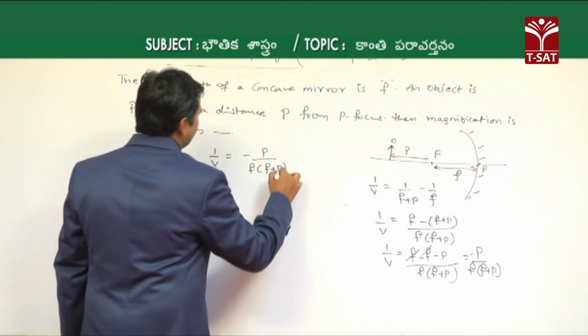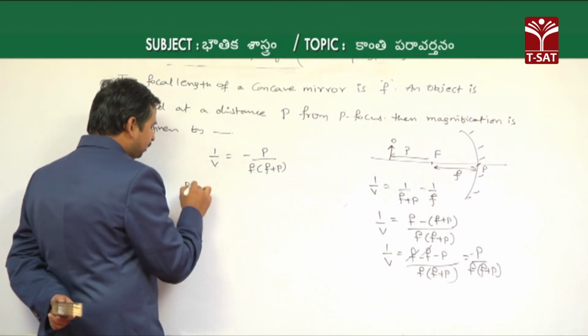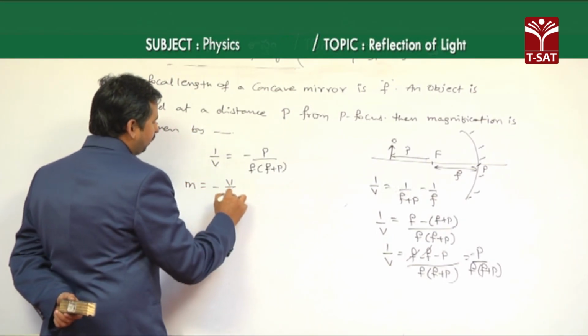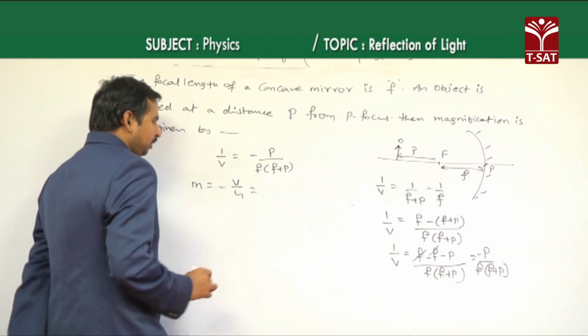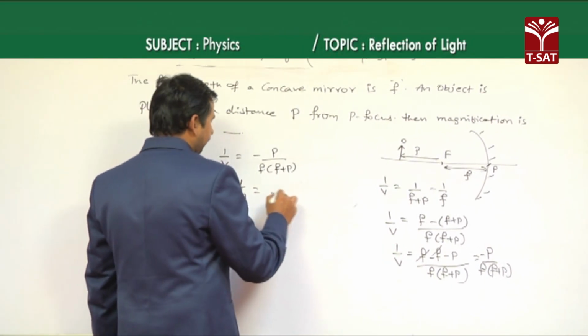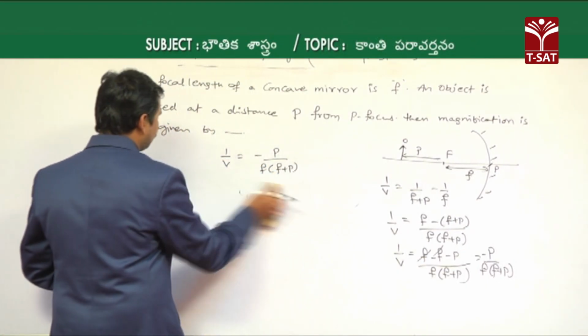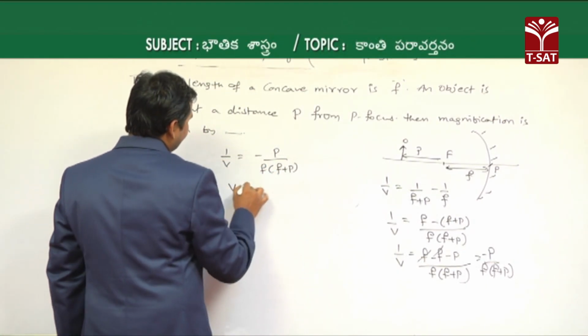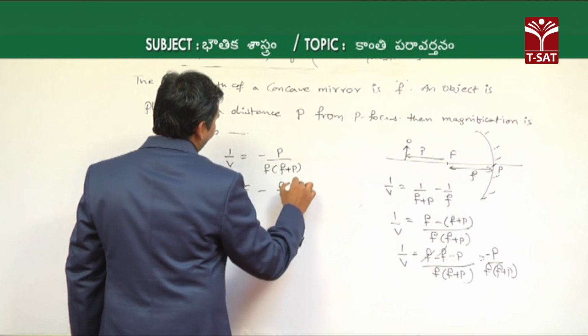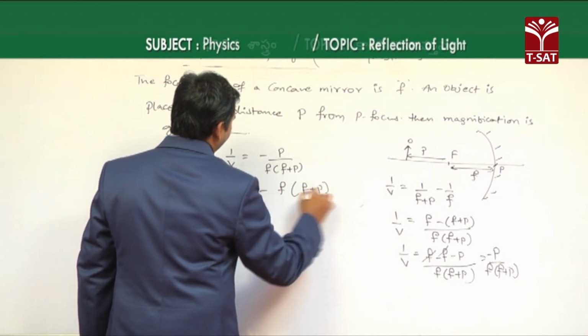Then the magnification we know is m is equal to minus v by u. From the above, we can write v is equal to minus f of f plus p by p.